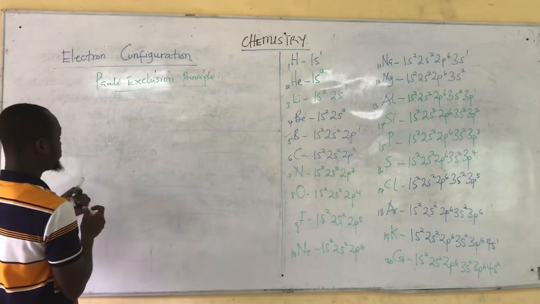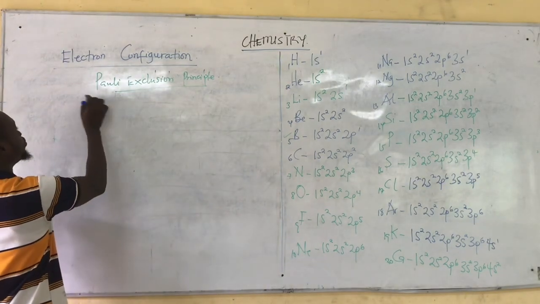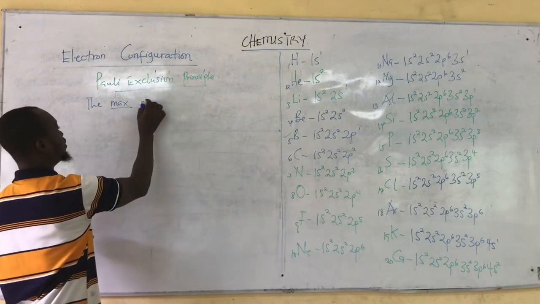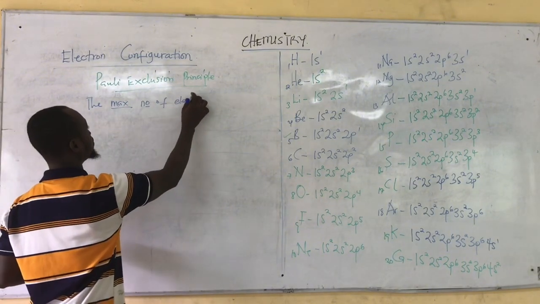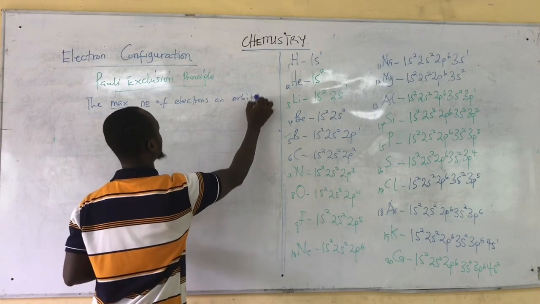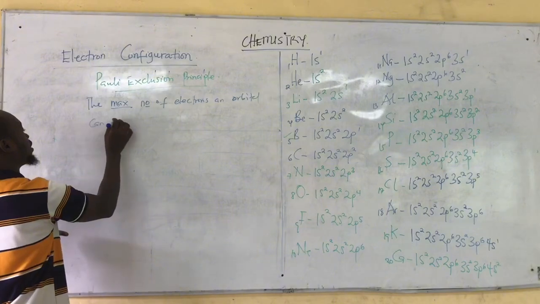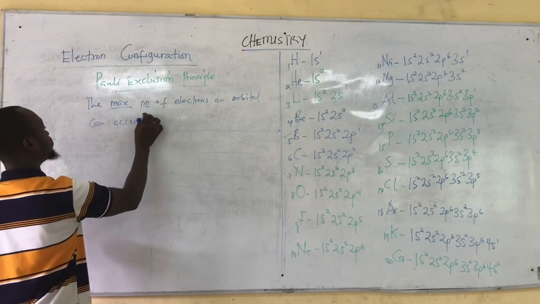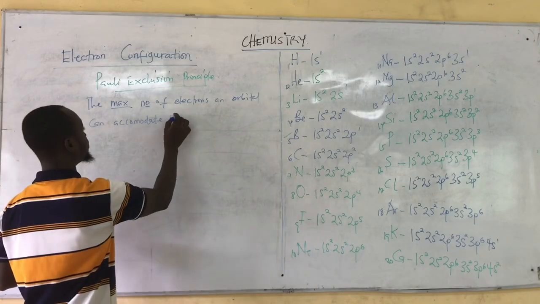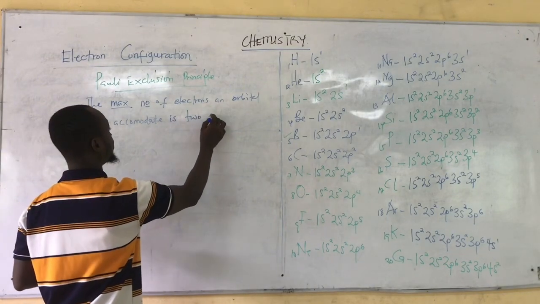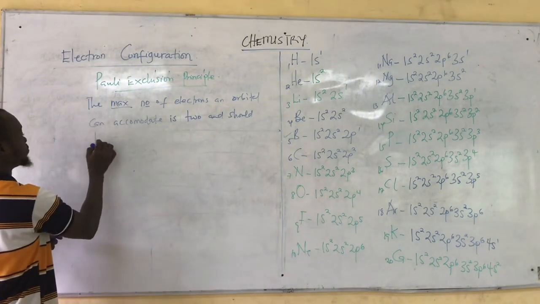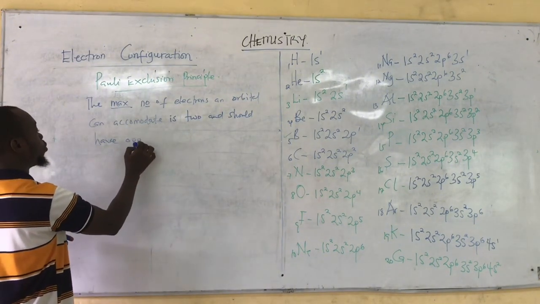So let me simply indicate the max number of electrons an orbital can accommodate is 2, and it should have opposite spins.